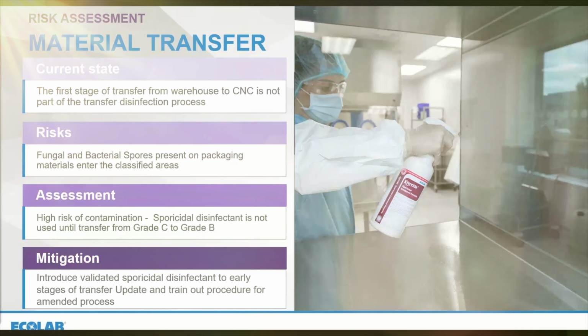So it's having that strategy and thinking up front, okay, what proactive measures can I take in my process to mitigate that risk? So bringing that sporicidal disinfection early into the process. And if you do that, making sure that obviously the people that are going to be doing those activities have an updated procedure to do that, it's trained out, and then it becomes embedded into that process.